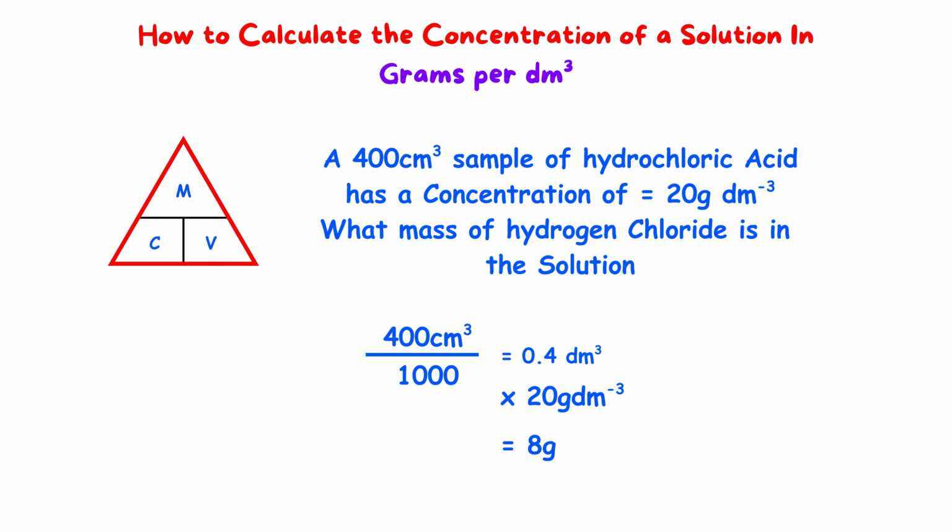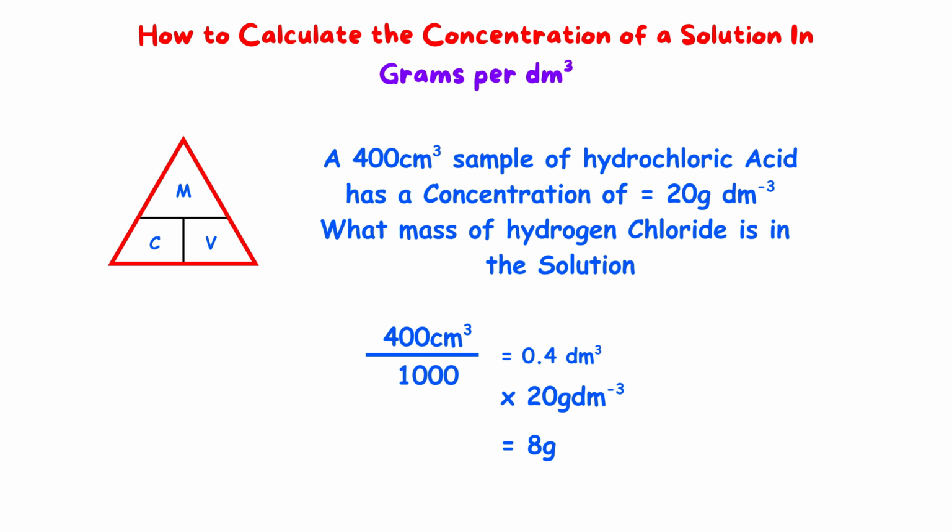As mentioned earlier, this equation can also be rearranged to find the mass if we are given the concentration and volume. For instance, imagine we are given a sample of hydrochloric acid with a volume of 400 centimeters cubed and a concentration of 20 grams per decimeter cubed. We want to know the mass of hydrogen chloride present in the solution.